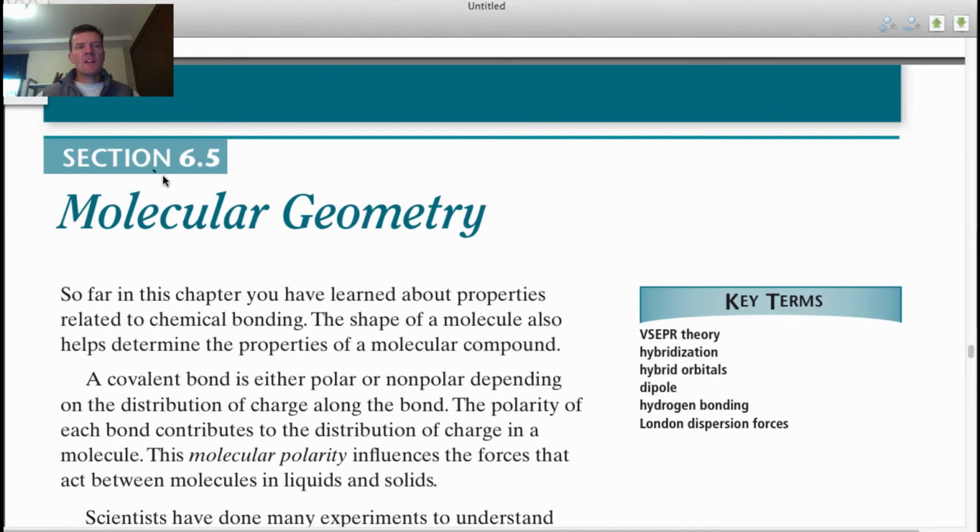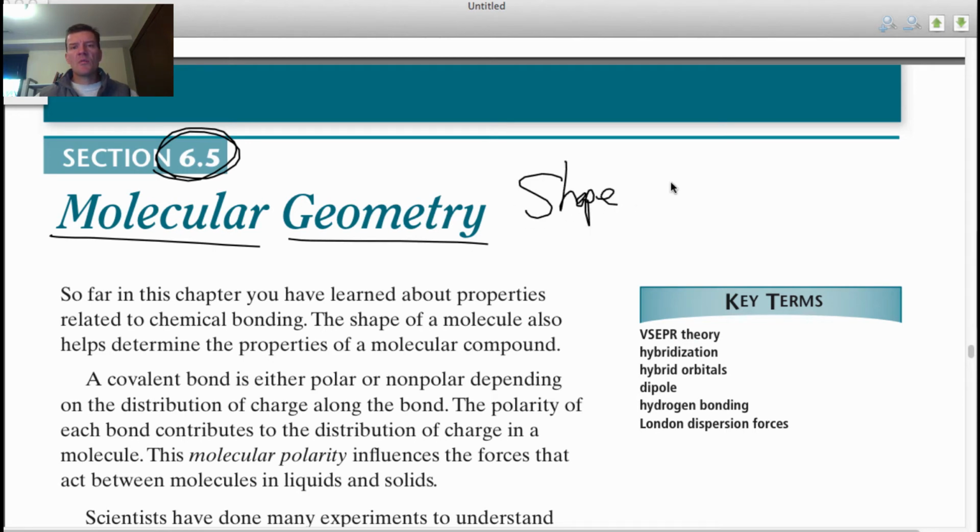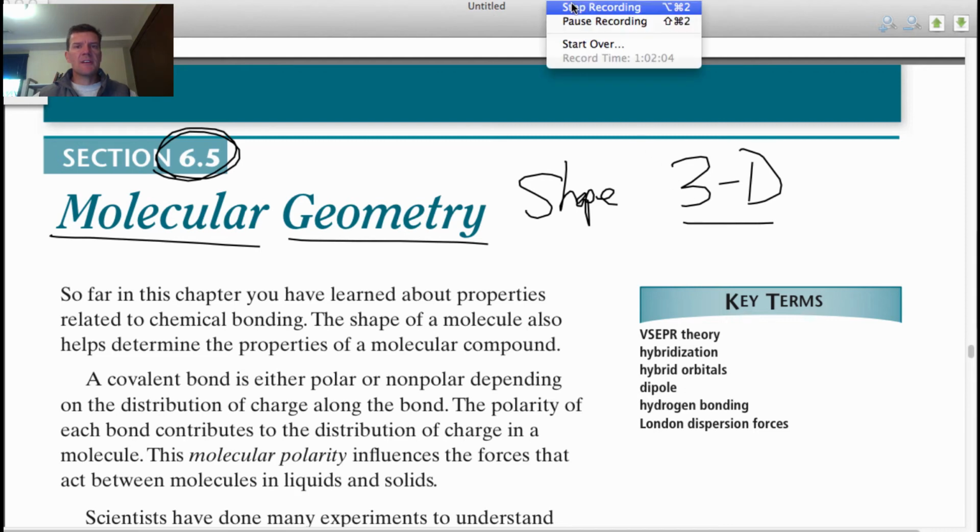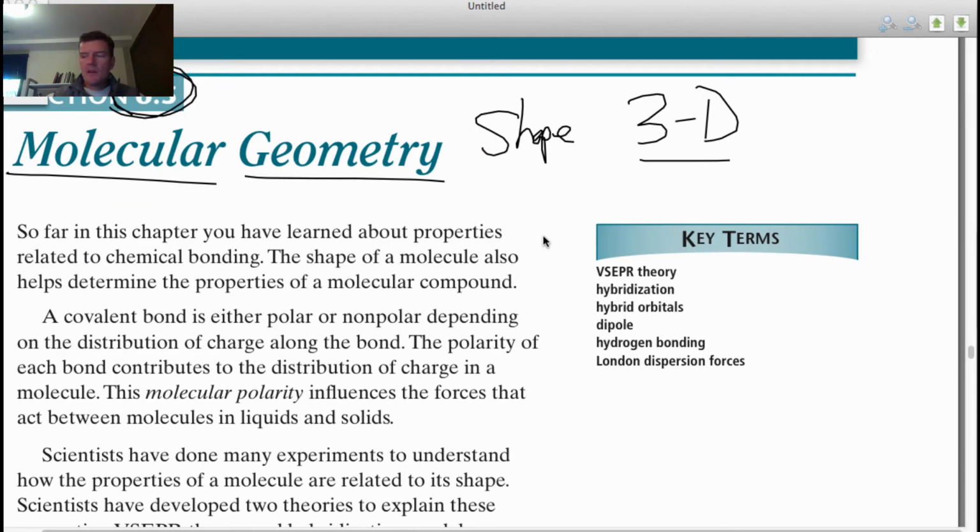Okay, now we're going to come to 6.5, and this is a very, very important section here. We're going to talk about molecular geometry. All that means is the shape. What is the 3D shape of these molecules? The shape of the molecule has a lot of influence on the properties of that particular compound.